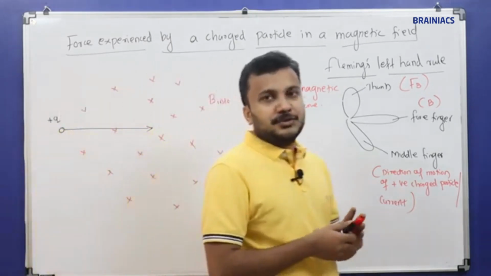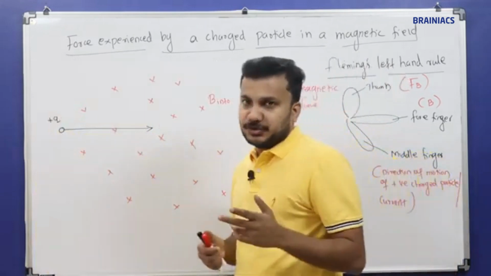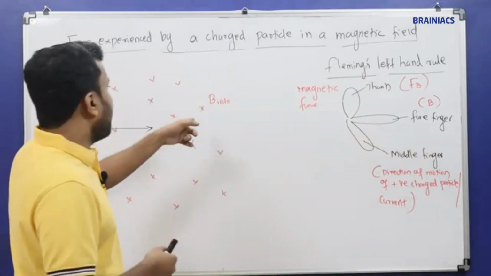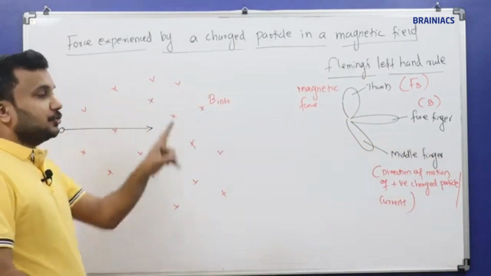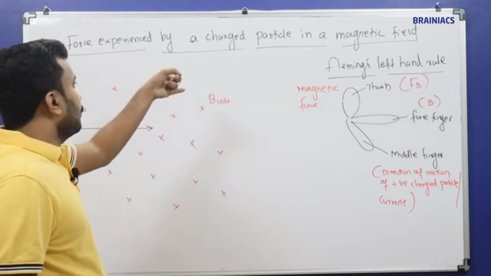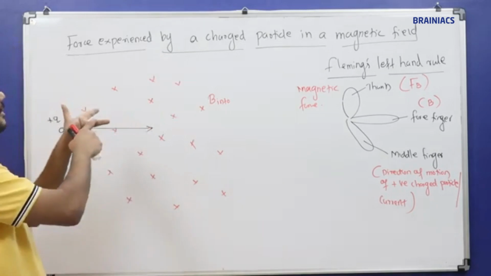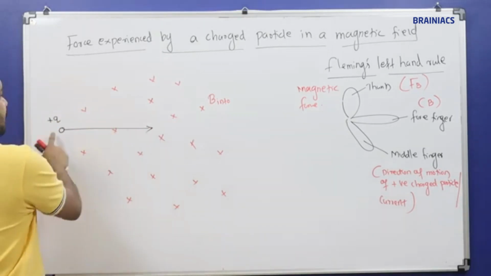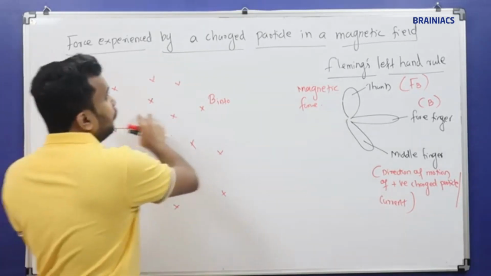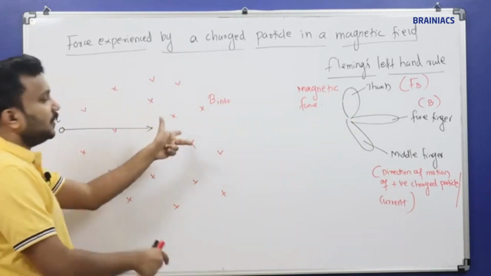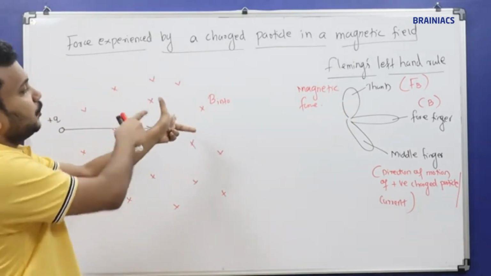The magnetic field is into the board, so my forefinger goes into the board, and my middle finger points in the direction the positive charged particle moves.